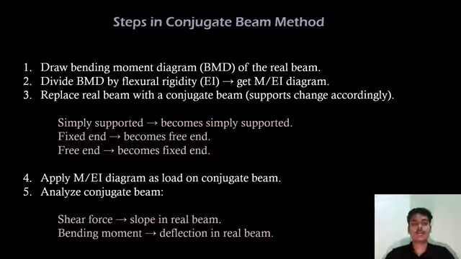Third, replace the real beam with a conjugate beam: simply supported stays simply supported, fixed end becomes free end, and free end becomes fixed end. Fourth, apply the M divided by EI diagram as load on the conjugate beam. Fifth, analyze the conjugate beam. Shear force is the slope in the real beam and bending moment is the deflection in the real beam.